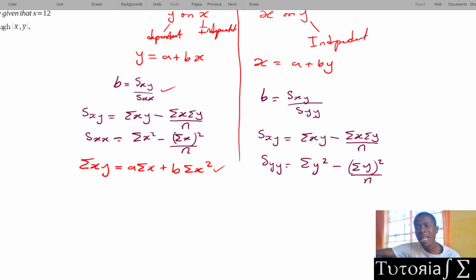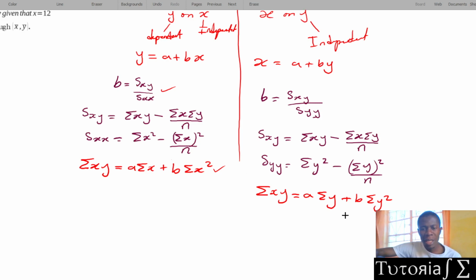Now, how do you find A? You multiply by the sum of y on this equation, so it becomes summation of xy is equal to A summation of y plus B summation of y squared. That is the equation that will help you find your A. You replace your B by what you found there, and make A the subject of the formula.